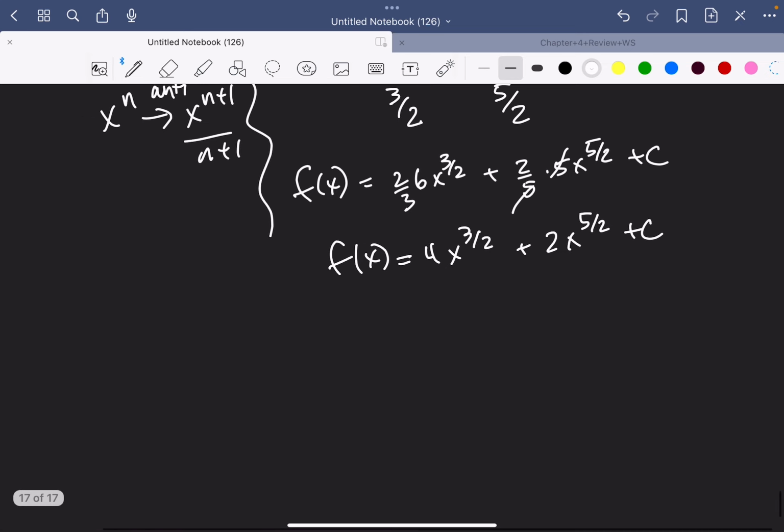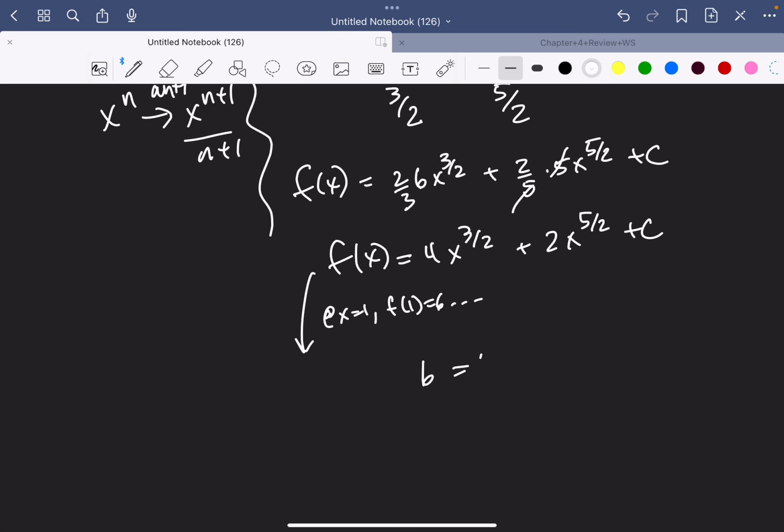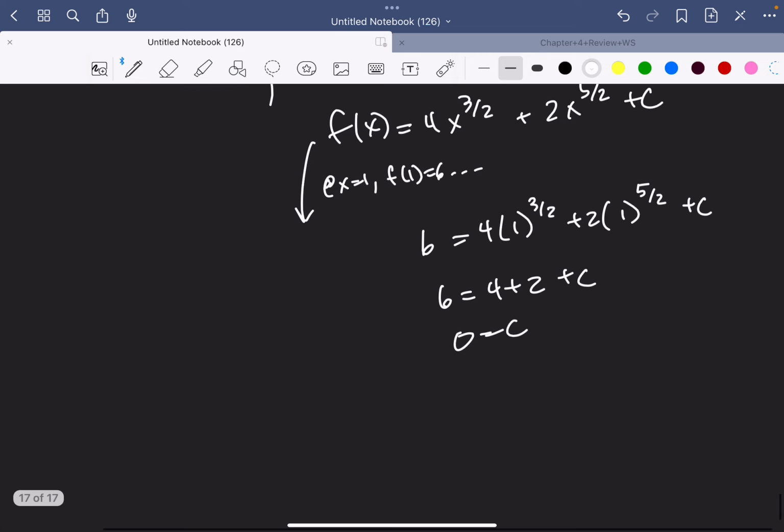So there's our function, but to find out what it really is, remember, if you plug in at x equals 1, f of 1 is 6. So that means you get out 6 when you plug in 1. So plug in 1, and you end up getting that 6 is equal to 4 plus 2 plus c. So c is equal to 0.